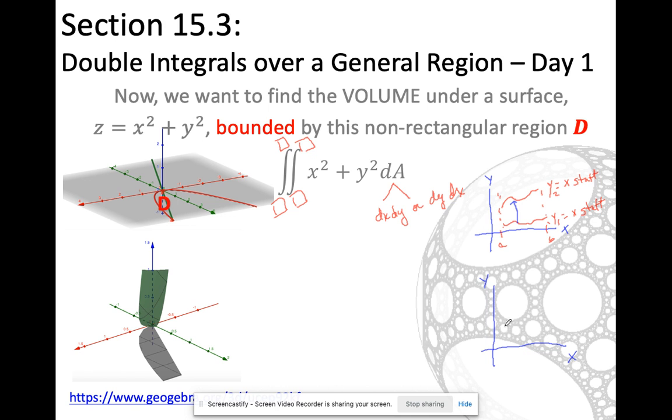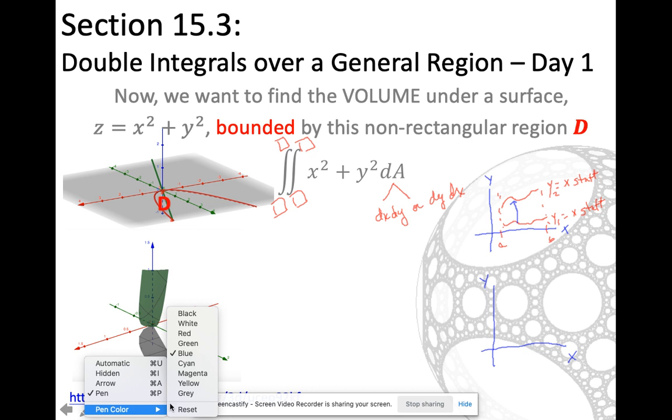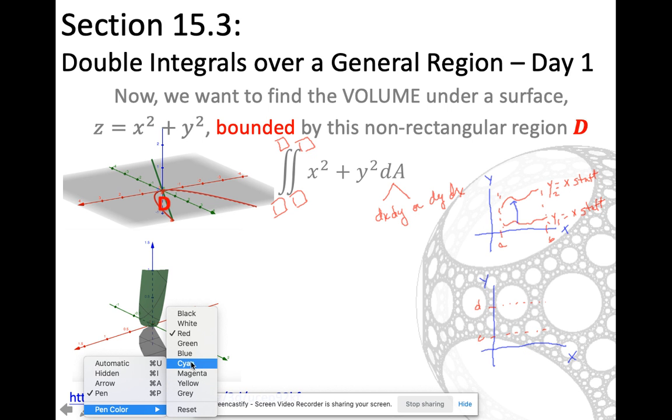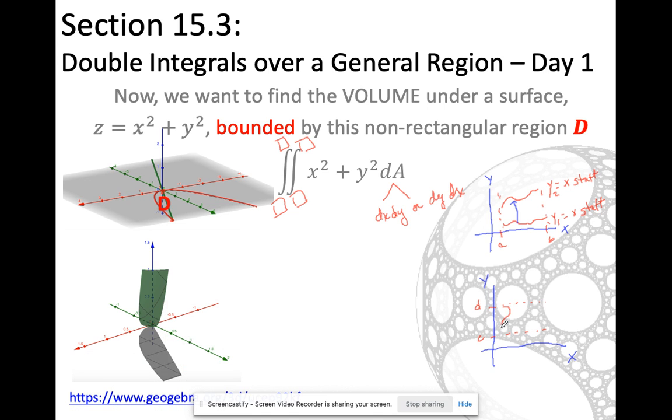Or we have this scenario where we kind of have horizontal bounds and we have some kind of curve on the right and left end where X is equal to Y stuff.